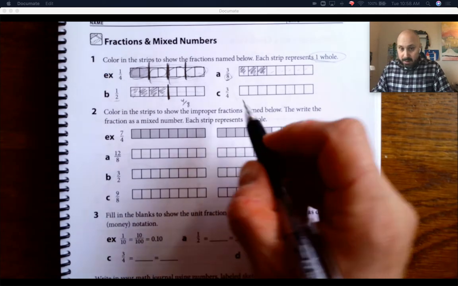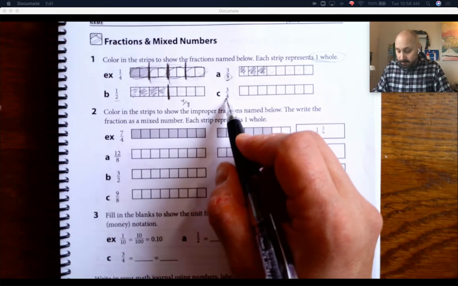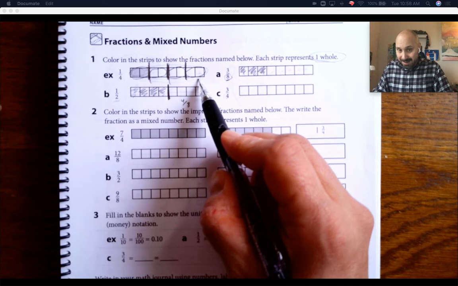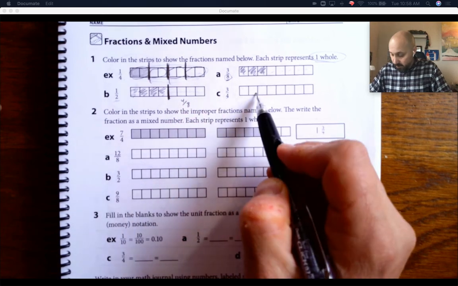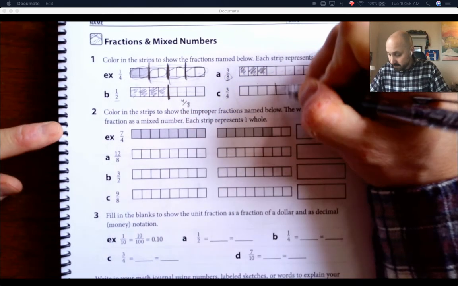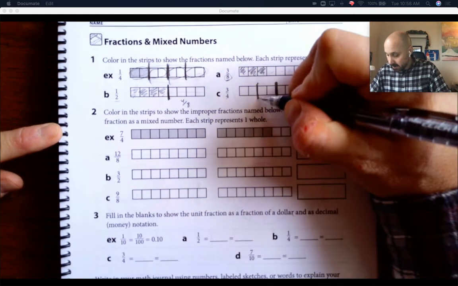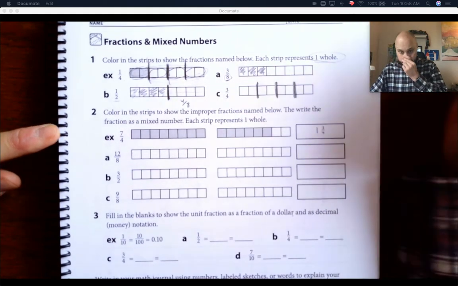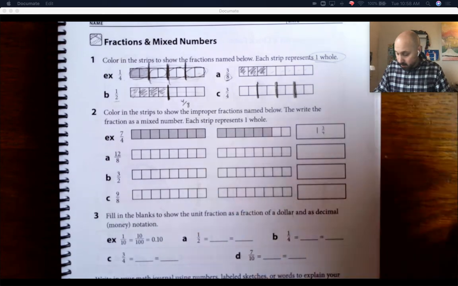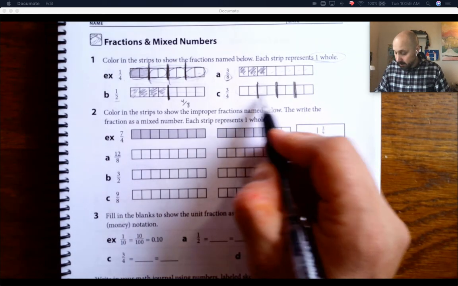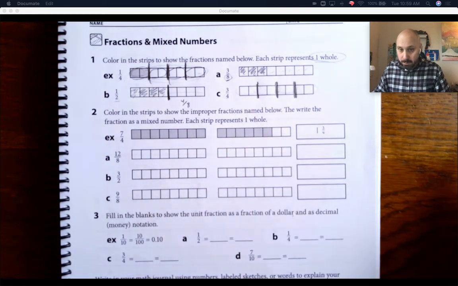All right, 3/4. Here we go again. Just like we did for this example, we're going to cut this into fourths. So I'm going to cut it in half first. So now it's half, and I'm going to cut my halves in half. So now I have 1, 2, 3, 4 equal pieces. But I'm going to shade in 3 of them.